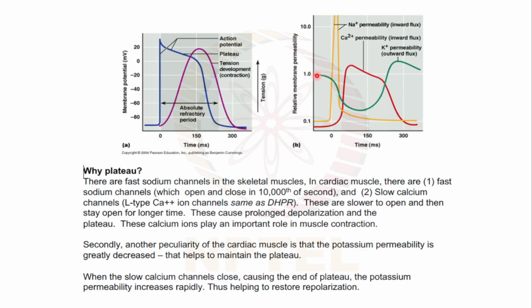And here the potassium ion also plays a role in maintaining the permeability. The outward flux of the potassium ion will repolarize the cell and bring the potential back to minus 85 millivolts, which will further be maintained through the help of the sodium potassium pumps, which will again maintain the sodium concentration and potassium concentration across the cell membrane.